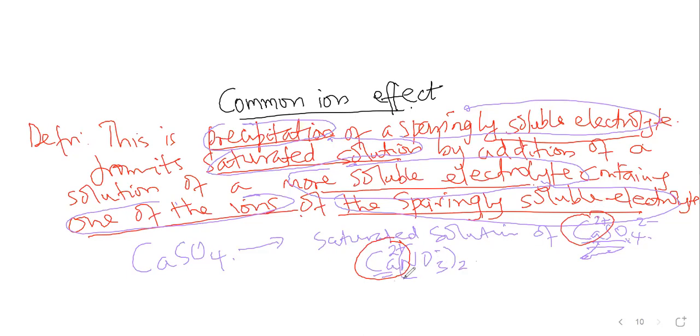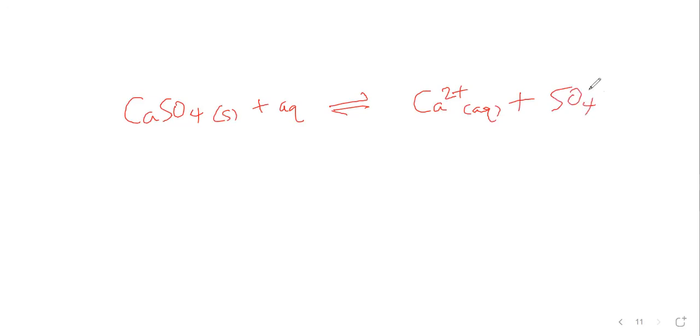What happens when you add calcium nitrate, a soluble compound, to a saturated solution of calcium sulfate, sparingly soluble? Look at the chemistry here. Calcium sulfate is sparingly soluble in a solution to form calcium ions and sulfate ions.